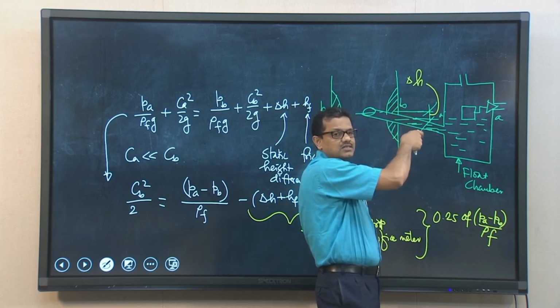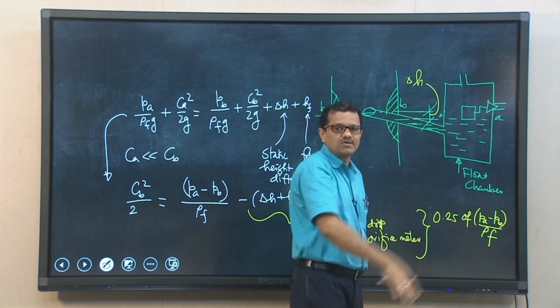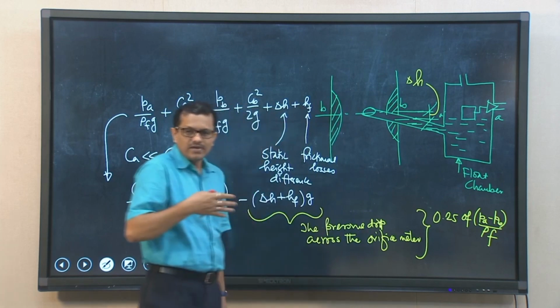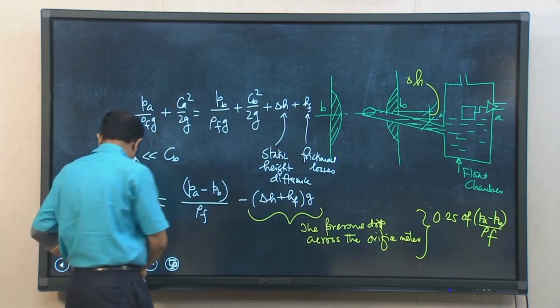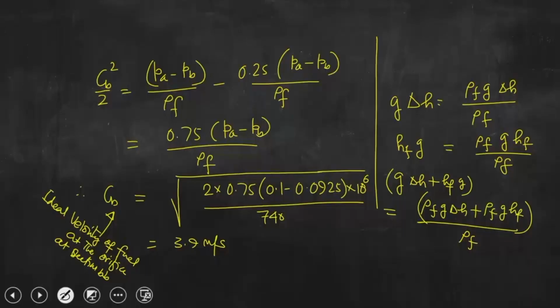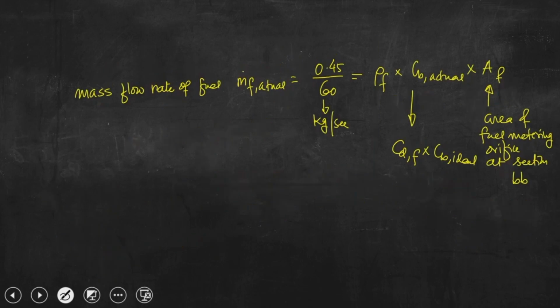Maybe we have considered the losses due to friction, but these two effects we did not consider. So, the velocity that we have here is the ideal velocity of fuel at the orifice at section BB. If we multiply with the coefficient of discharge for fuel, then we can get the actual velocity.